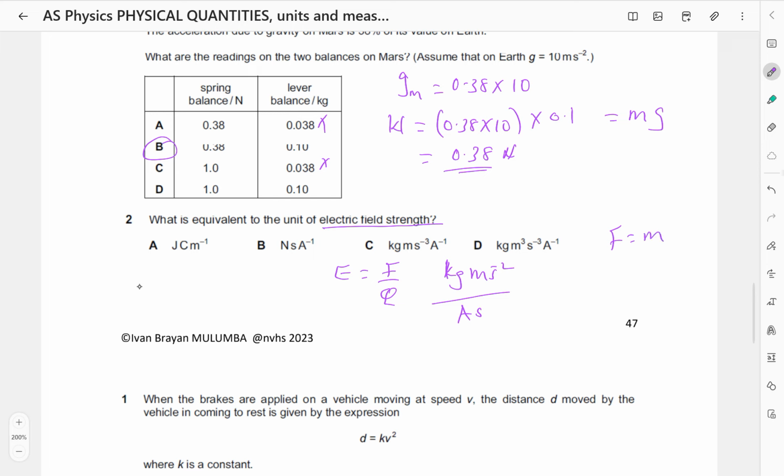Force is MA, and the charge is current times time. So we now simplify this. So we have kilogram meters. When S goes up, it becomes S power negative 3. When A goes up, it becomes A power negative 1. So the answer is going to be C.